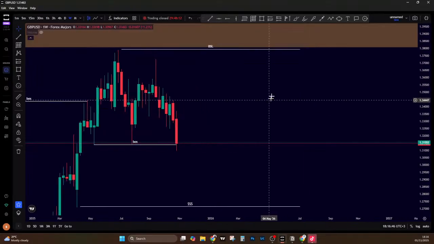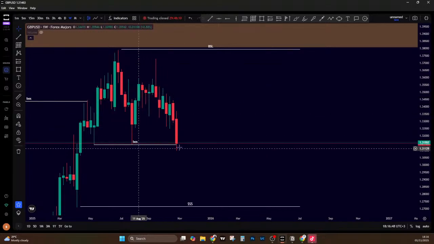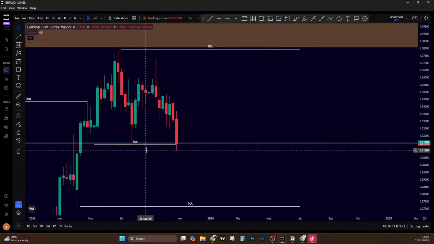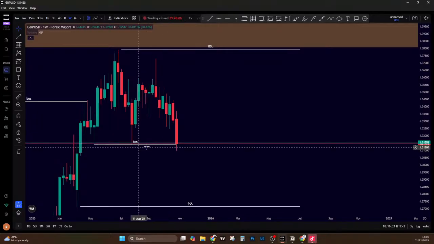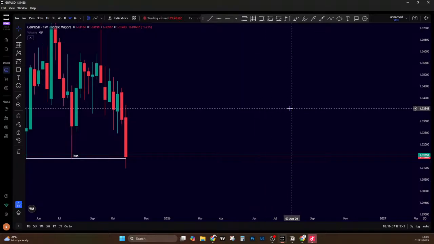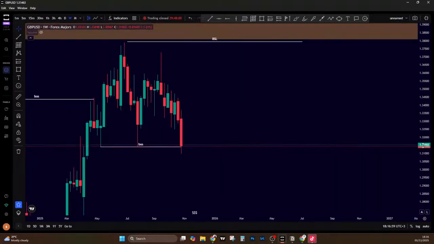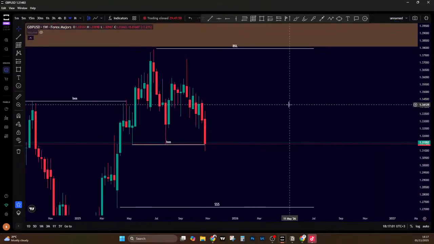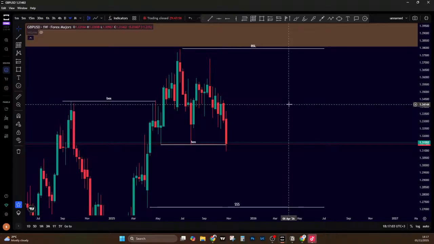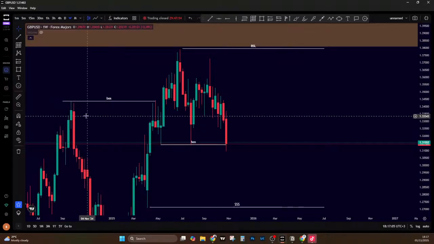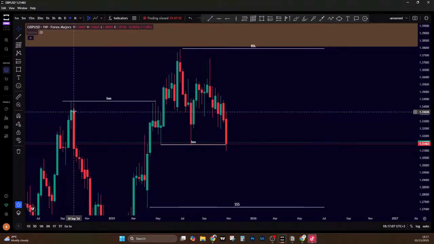It is to check where this move that broke this structure came from. Where did this move come from? And we need to look at the current market price. So what do we do? We try to refine this to this breaker block here.